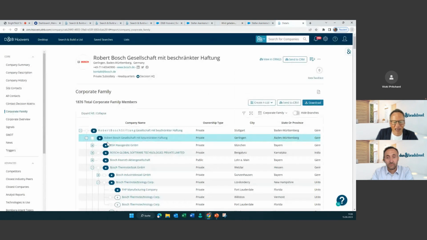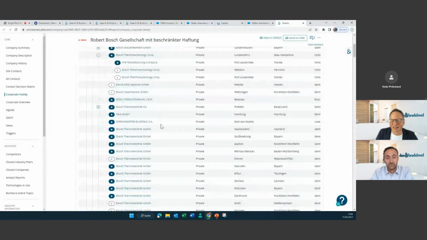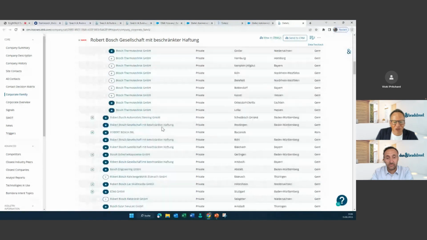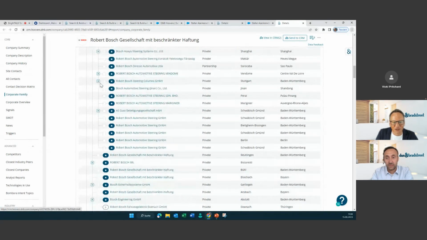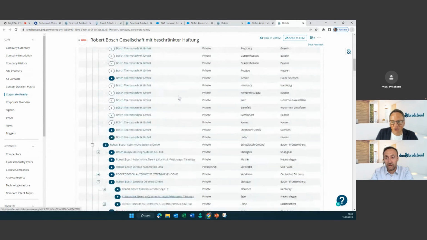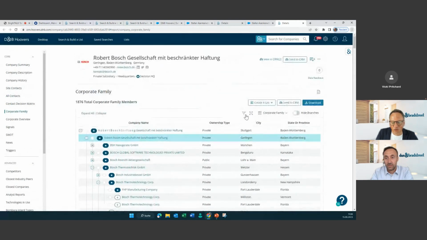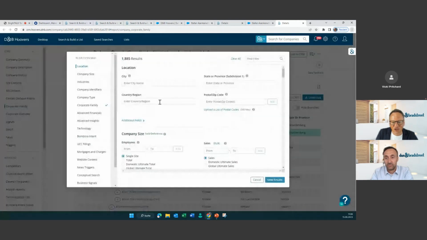I already prepared it, the so-called family tree, because that's really amazing, because at one glance, you can directly see what other subsidiaries are there. You can filter that, related to your region, so that you say, I'm only interested in those companies in Poland. You find six companies.